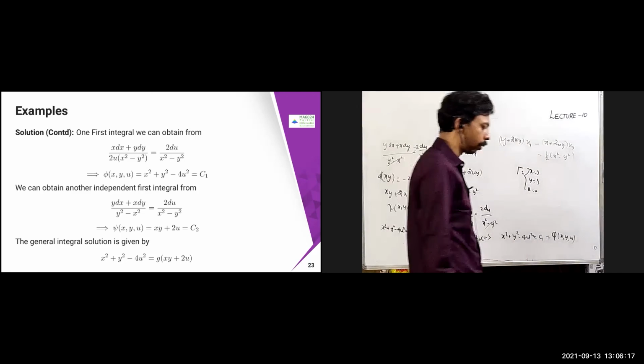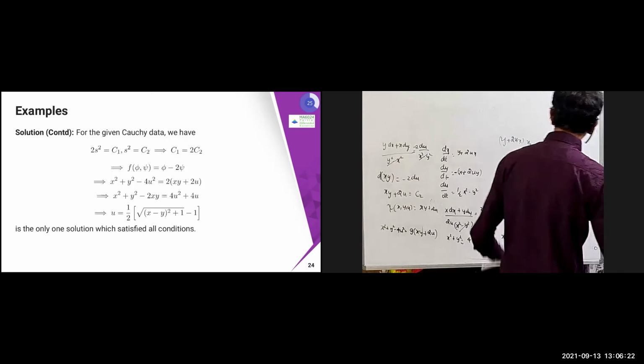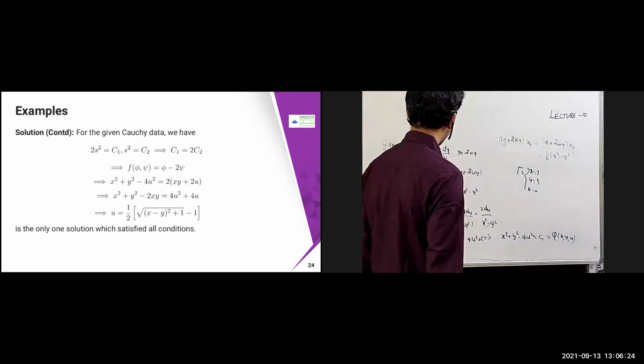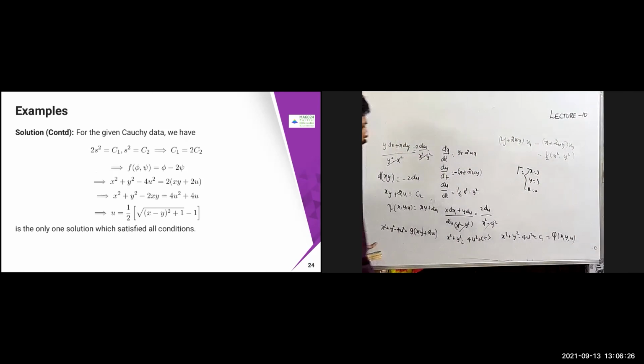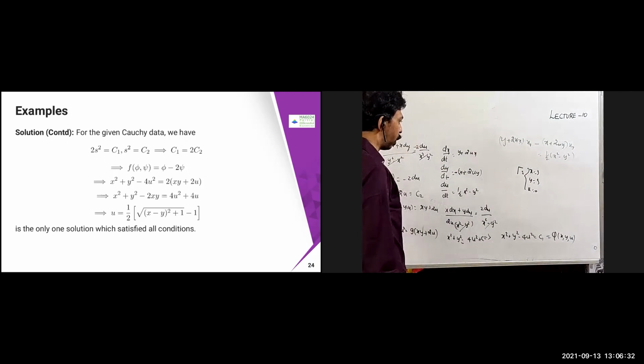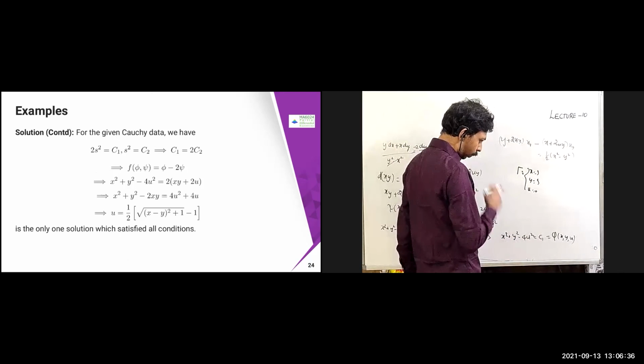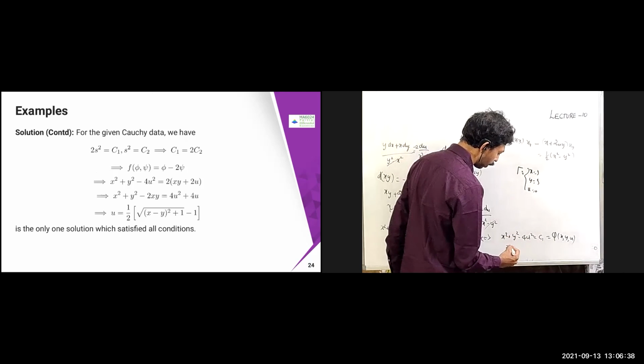Now next one. For the given data, you have to find the solution. So if I put it for phi, for c1, this is going to become s square plus s square, so we are going to get 2s square equal to c1.